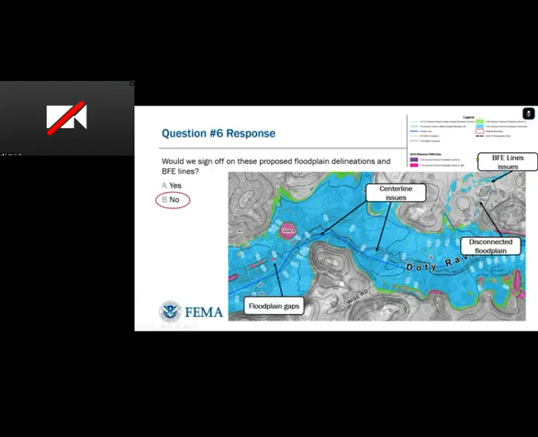And then additionally, we have gaps in the floodplain. Now this is going to be community specific, it's going to depend on the standards in your region, but typically when it is a floodplain gap this small and it's a floodplain gap that was previously in the effective, we would not expect to see this hole. So great job for the 65% of you that said no.